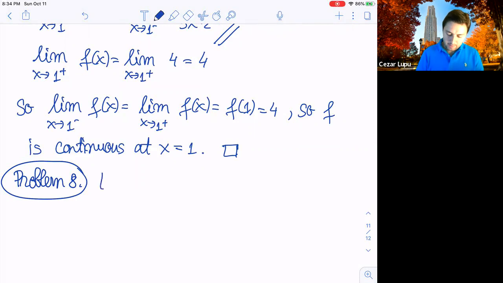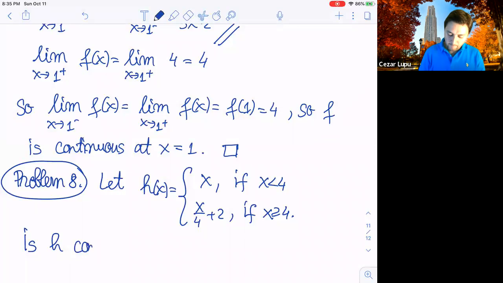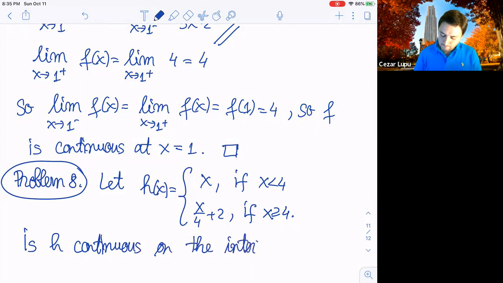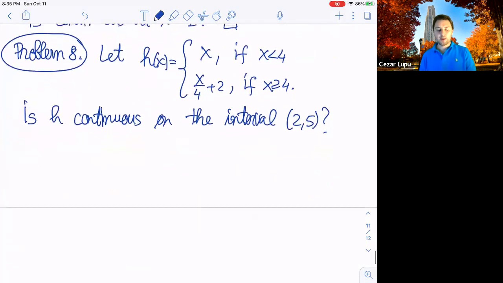Let us define the following piecewise function h of x to be x if x is less than 4, and x over 4 plus 2 if x is greater than or equal to 4. The question is: is h continuous on the interval open 2 to 5? I want you to look at it.